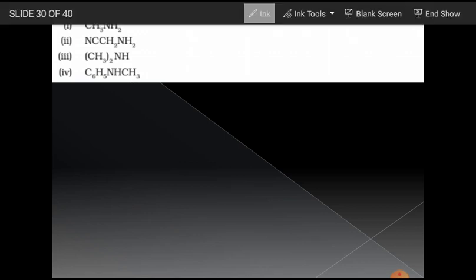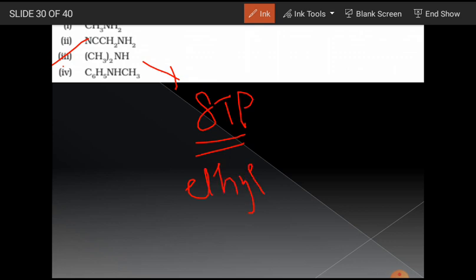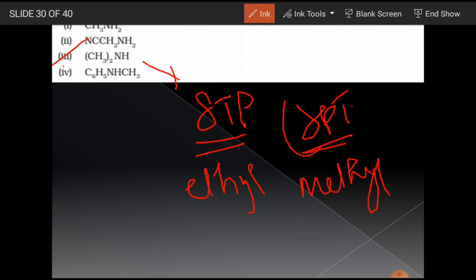So if we take this third one, that should be the answer. This is the most basic, because we have studied that S is the most basic, right? STP will come in the case of ethyl substituted, and SPT will come in the case of methyl substituted. So anyway, secondary will be the most basic, so it should be option number 2.